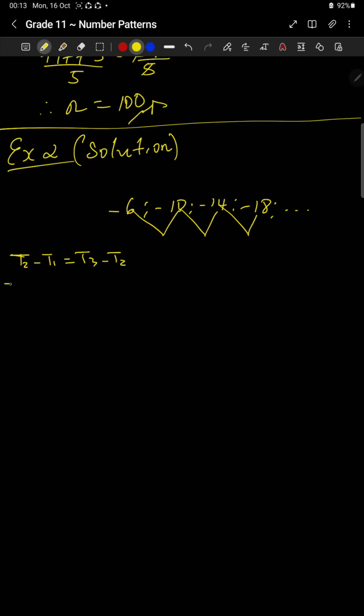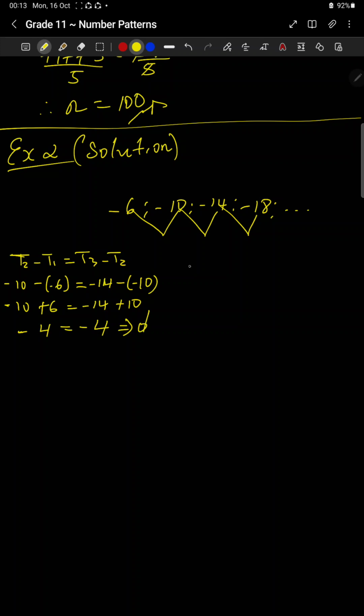So T2 is negative 10 minus negative 6 is equal to T3 which is negative 14 minus negative 10. So negative 10 plus 6, and negative 14 plus 10. Both give negative 4. That is the constant difference.